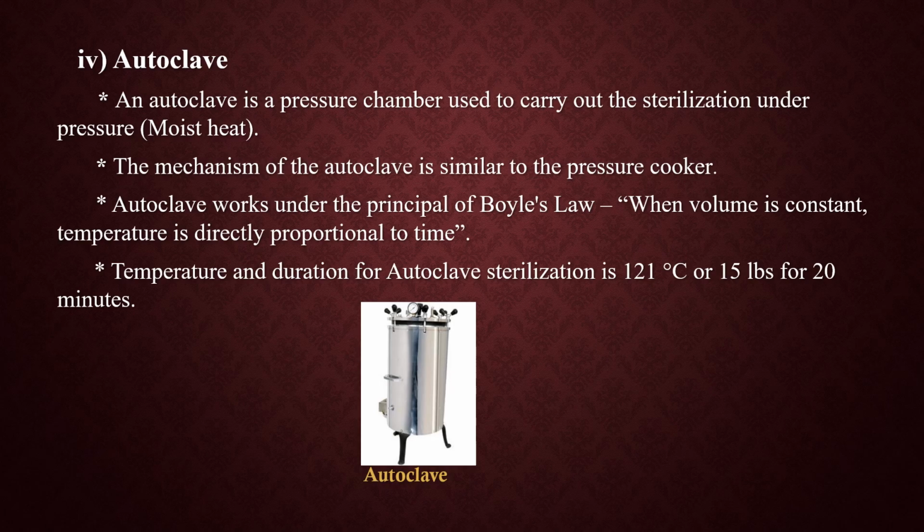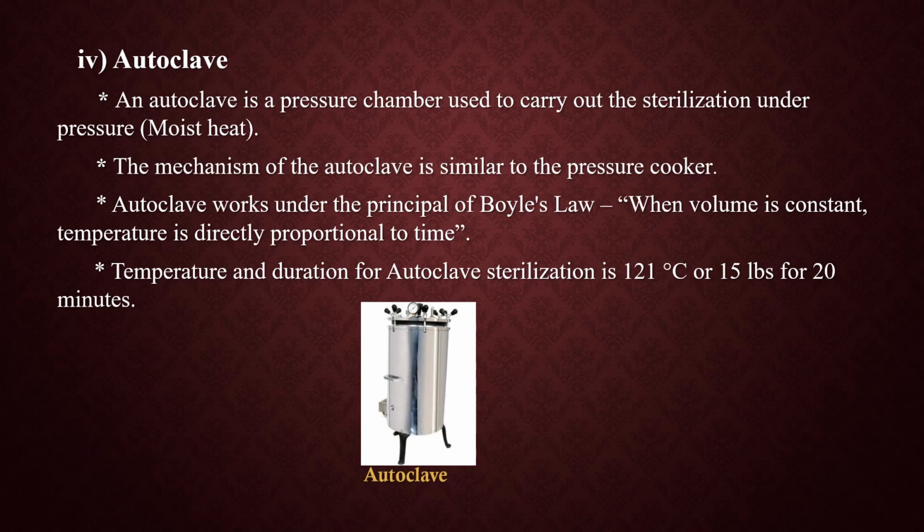And the final in moist heat, the autoclave. Autoclave is a pressure chamber. It is used to carry out sterilization under pressure, which is in moist heat. The mechanism of the autoclave is similar to the pressure cooker. Autoclave works under the principle of Boyle's law.